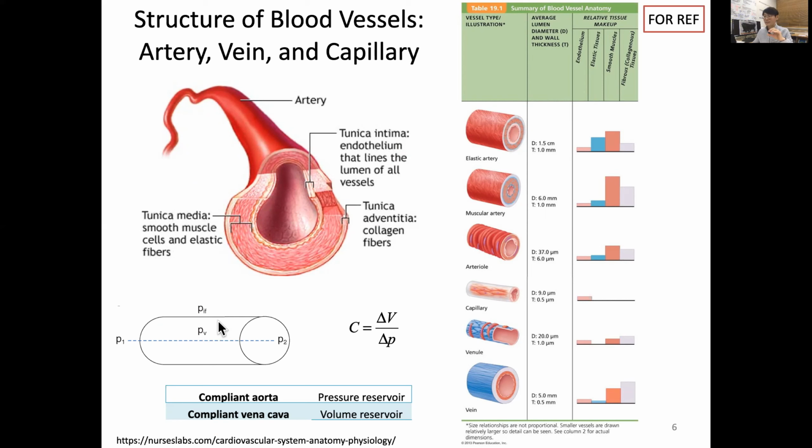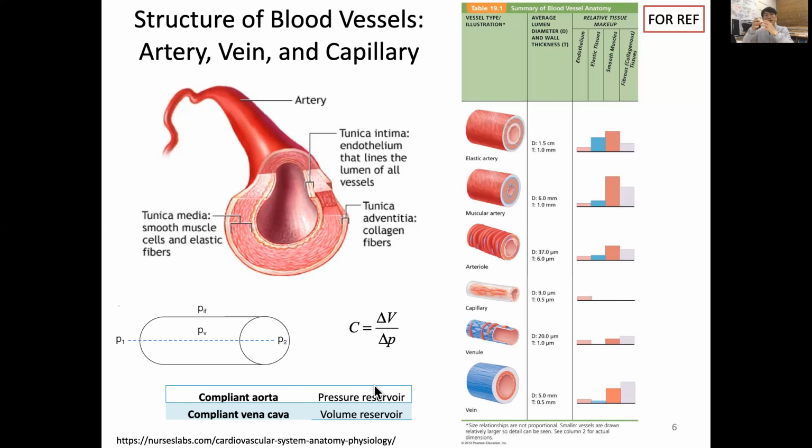In terms of this vascular structure, we can define compliance, which relates the volume change to the pressure gradient, delta P. If with a smaller pressure gradient the volume changes a lot, we call that more compliant. The aorta, one of the biggest arteries right outside of the heart, is very compliant in that it keeps the high pressure, so its role is a pressure reservoir.